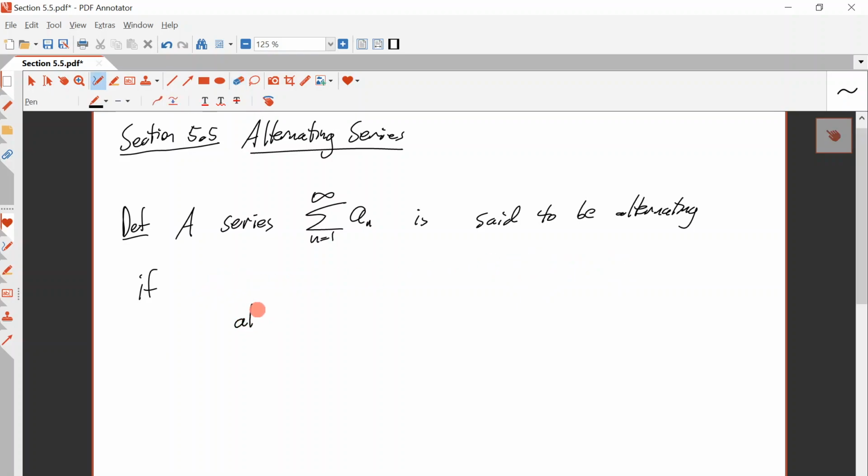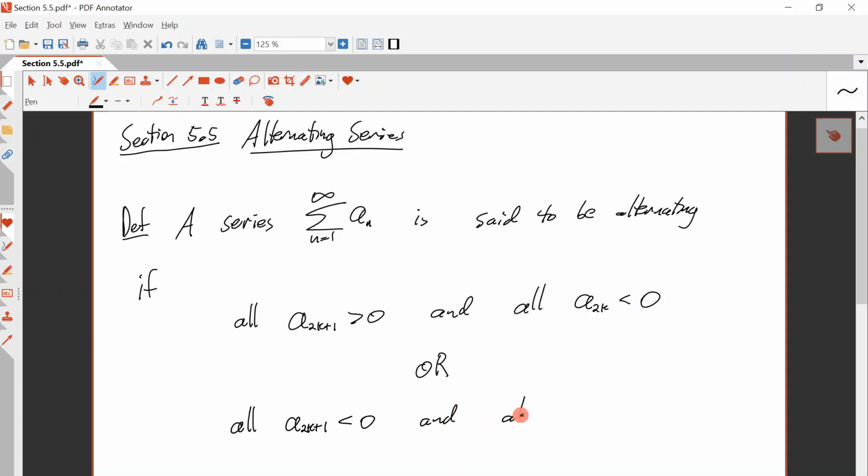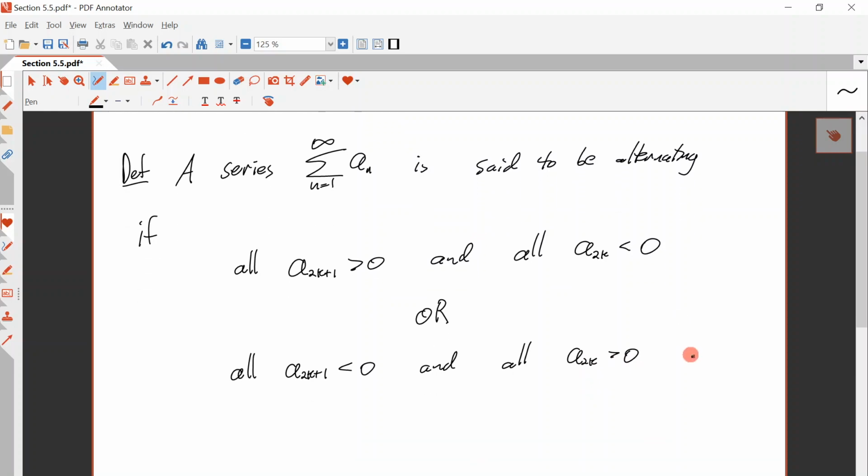If all a_{2k+1} are positive and all a_{2k} are negative, or all a_{2k+1} are negative and all a_{2k} are positive. In other words, the terms flip-flop, positive, negative, either the odd terms are the positive ones or the even terms are the positive ones.